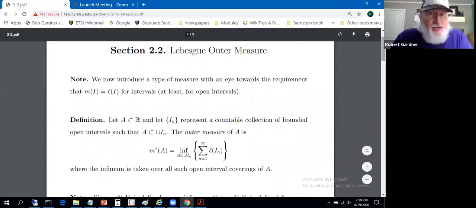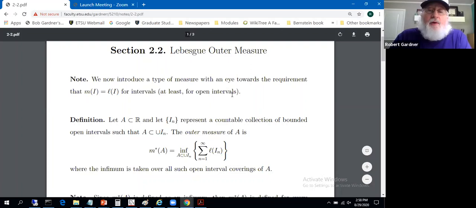There's a collection of sets that will restrict outer measure to nice measurable sets, they'll be called. And Lebesgue measure will be outer measure restricted to this sub-collection of sets. But what we're about to define is well on the road to Lebesgue measure, and we're seeking a measure m such that the measure of an interval equals its length for all intervals.